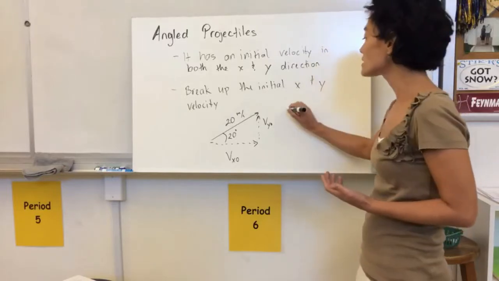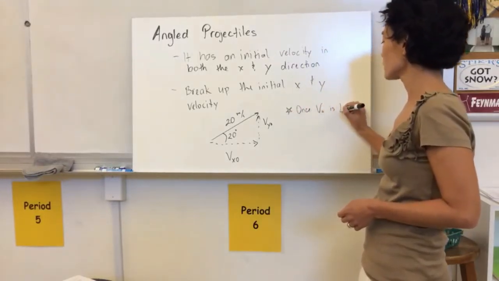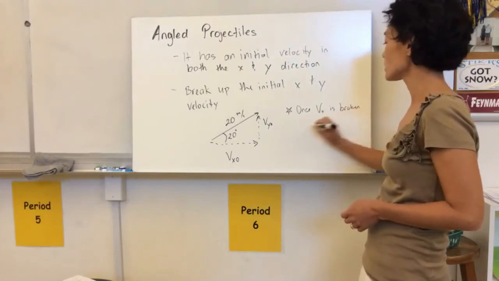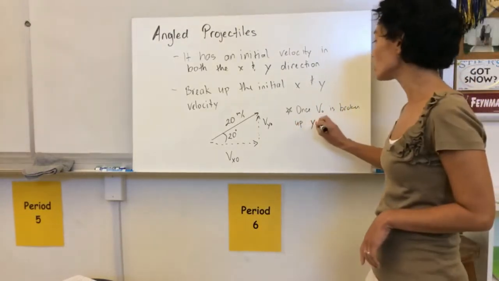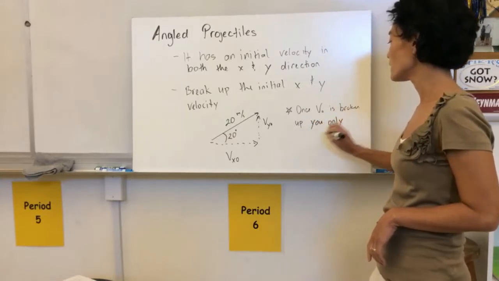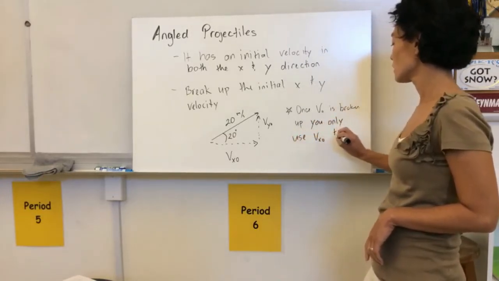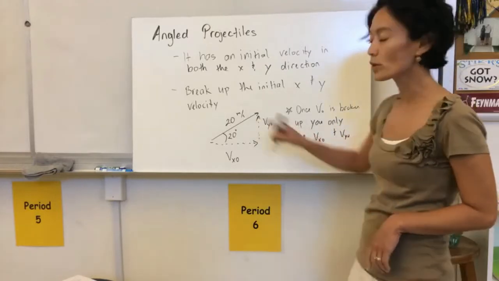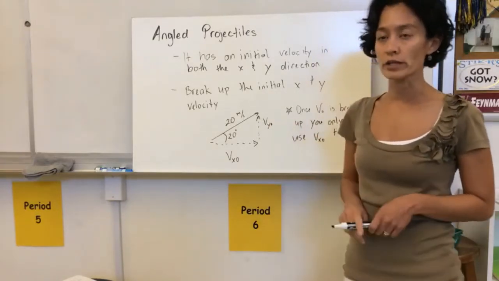Once v naught is broken up, you no longer use it. You only use the Vx naught and Vy naught. Like once you break up that 20, you're never going to use it again. You're going to only use its component values in the equations.